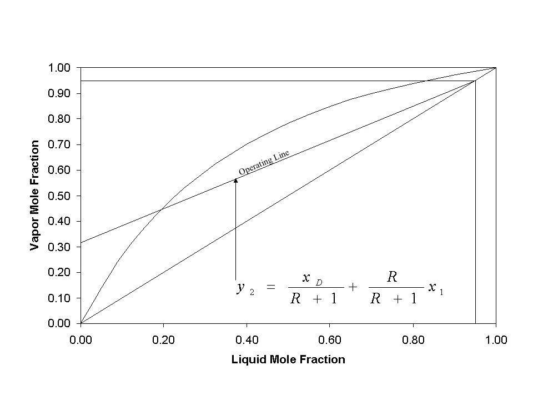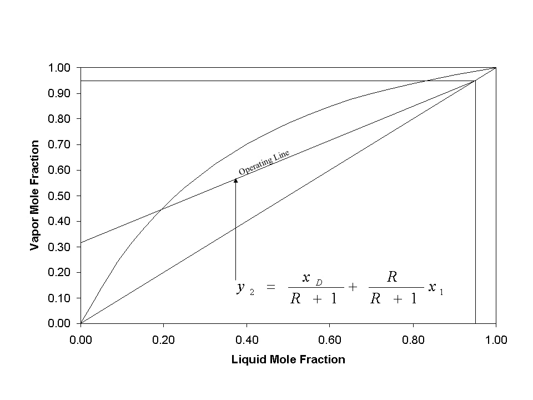Now we're going to add a third line to our graph. This is called the operating line, and it's generated by using the material balance equation around stage 1. Here we have this equation, y sub 2 is equal to the distillate mole fraction xD over R plus 1 plus reflux ratio R over R plus 1 times x1. This is an equation of a straight line.